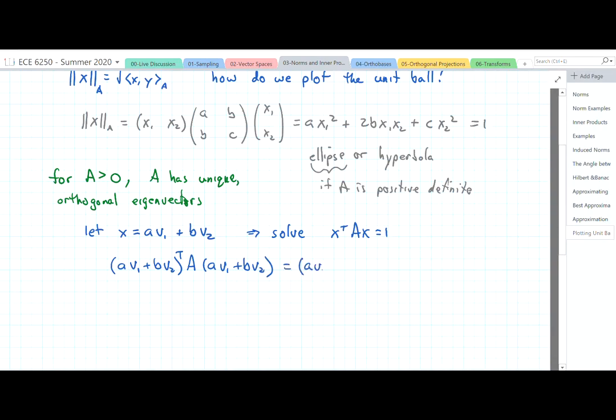Capital A times little a V1 would be lambda 1 a V1, and likewise here we would have b lambda 2 V2, where the lambdas are the associated eigenvalues of V1 and V2. Okay, moving forward.